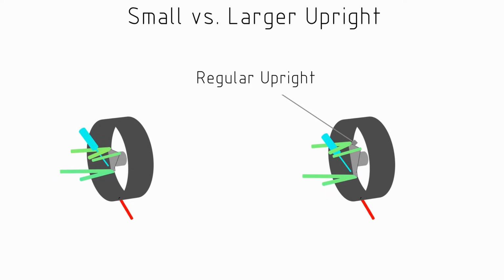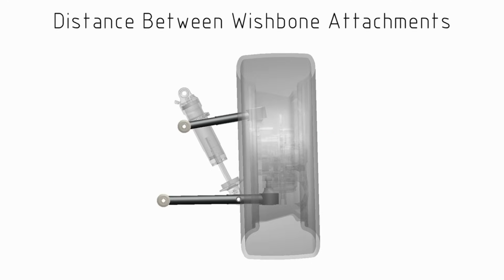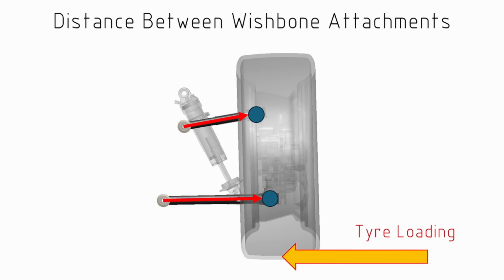And in this video, we see the differences between these 2 upright arrangements. Where the upper and lower wishbones meet at the upright, these points provide the support for an offset tire load. The further apart these points are spaced, the better they share that load.